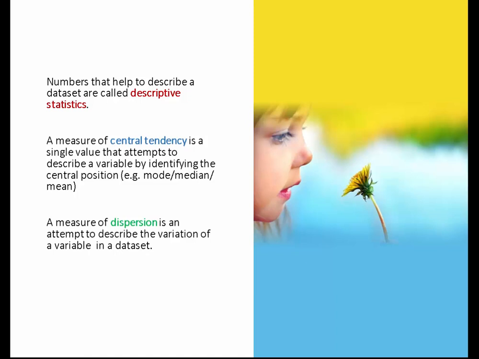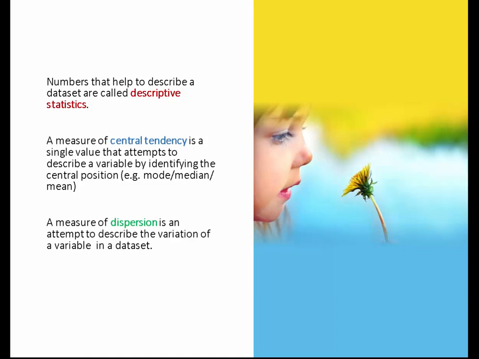Today, we're going to extend this, and talk about measures of dispersion. That's an attempt to describe the variation in your results. As you will see, you can have two groups with the same measure of central tendency, but in one group you have a much wider variation than in the other. That's dispersion in a nutshell.